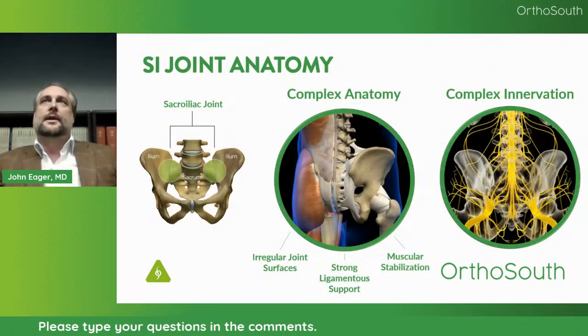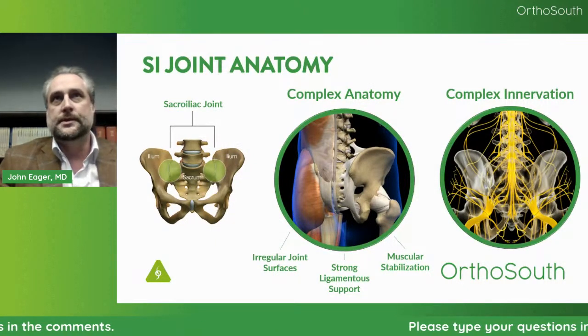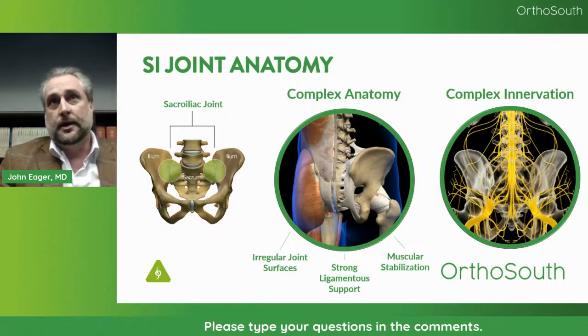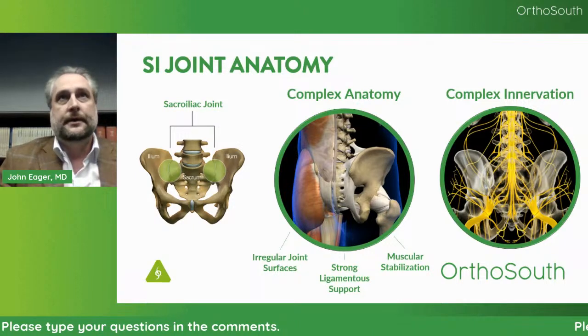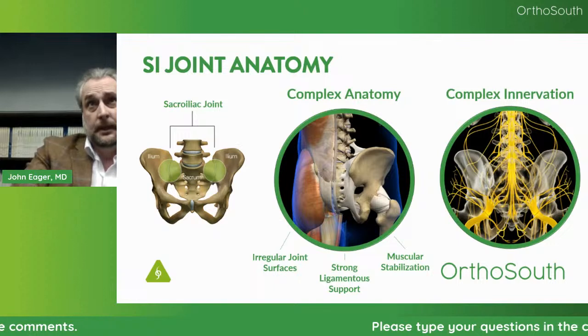Certainly, it's a very complex anatomy. The joint surface is not a mobile joint surface like a hip, a knee, elbow. It has an irregular contour. You have very strong ligamentous attachments in the front and back, and you also have muscular stabilization.